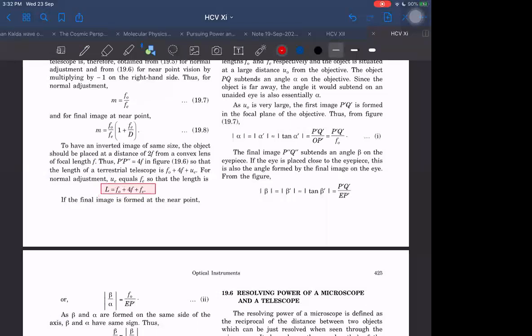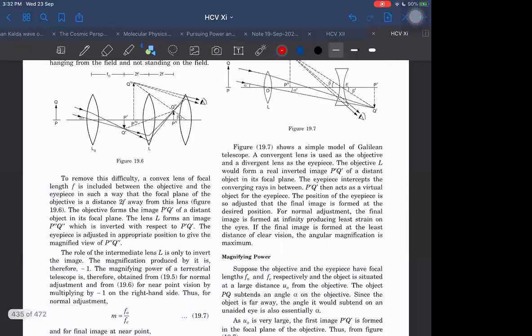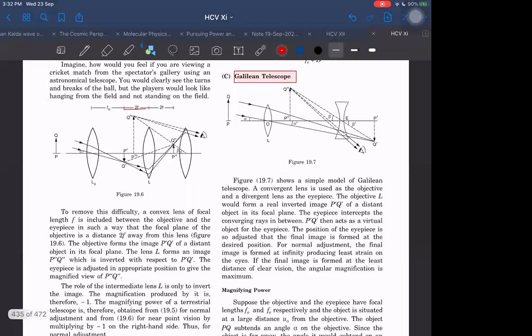Now we use one intermediate lens. The purpose of this lens is not to magnify, but only to make the object image erect, so that finally we see the objects not inverted but erect, because we want to see objects which are on the earth.